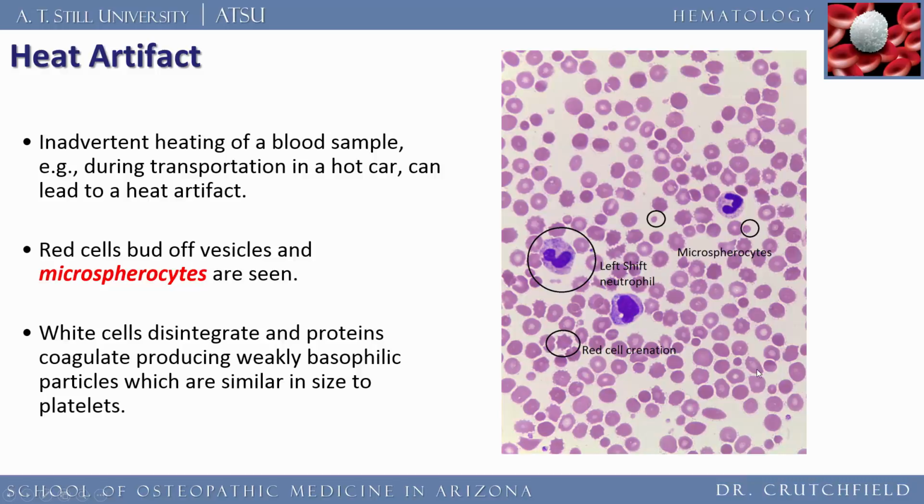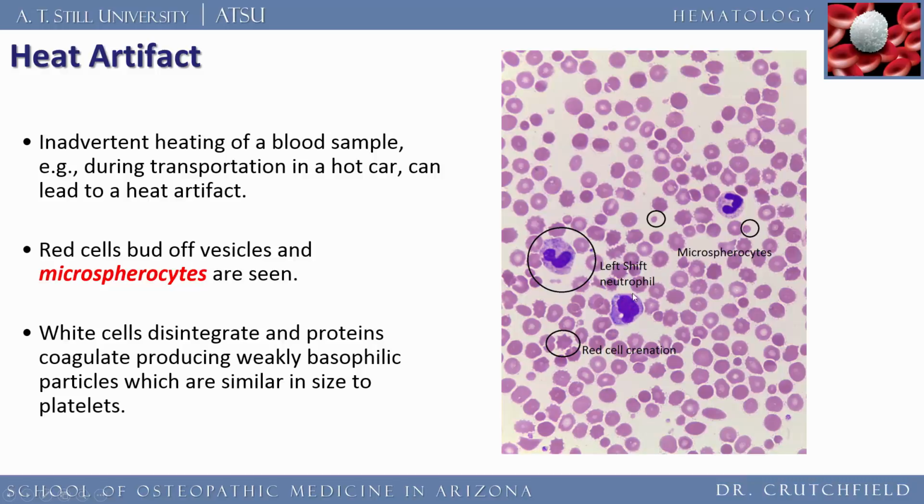This is from too much heat. We have microspherocytes, which sometimes the Coulter counter will confuse and think that they're platelets. And then here, of course, we see a band or a stab. This is a left shift neutrophil. Same thing here. This has one nuclei, scant cytoplasm. I think this is probably a large lymphocyte.